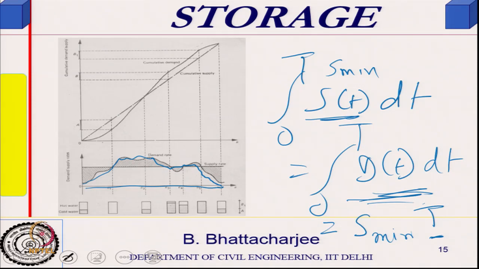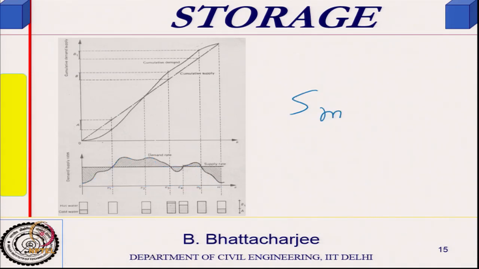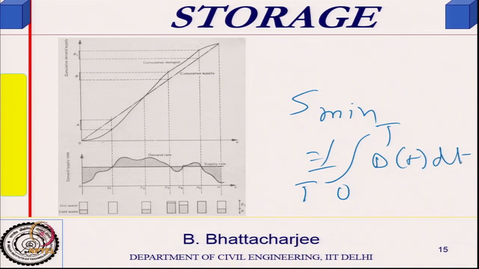So, S min would be given by 1 by T, integral from 0 to T, of the demand. In other words, this is this height, the average basically. The sum total of the area under this curve divided by the base, so this rectangular area is the minimum constant rate.